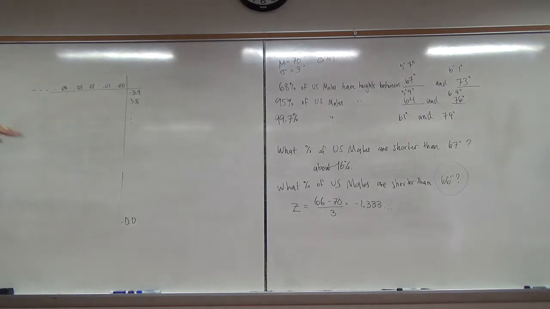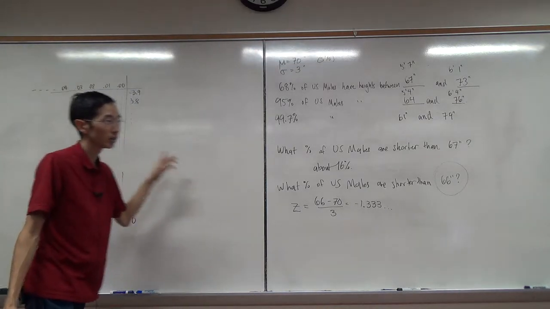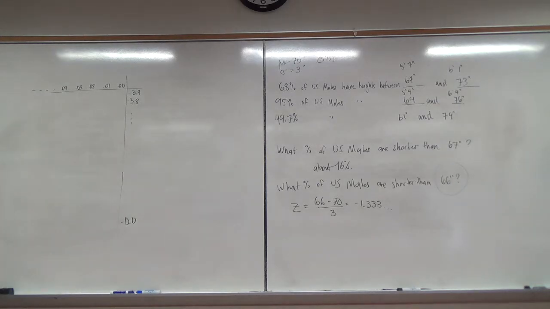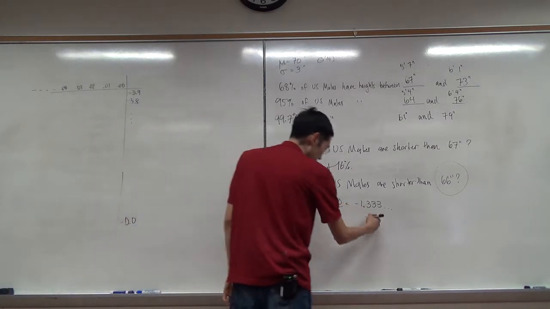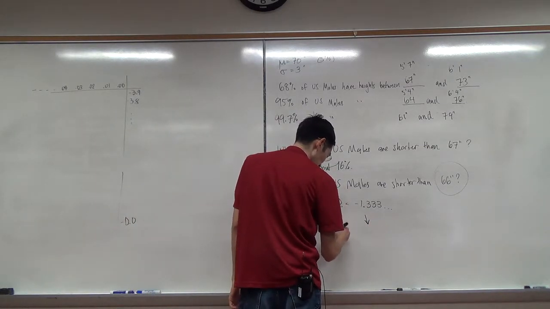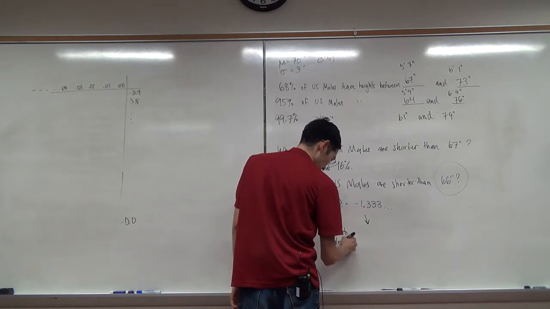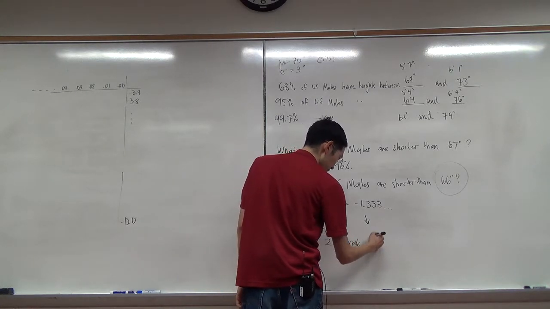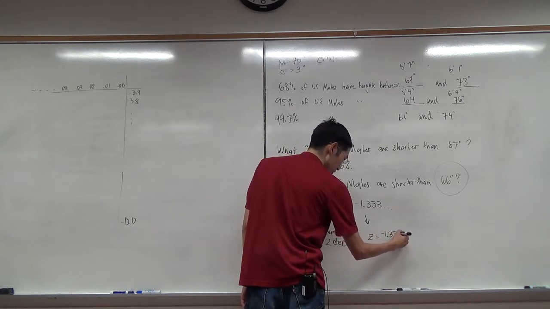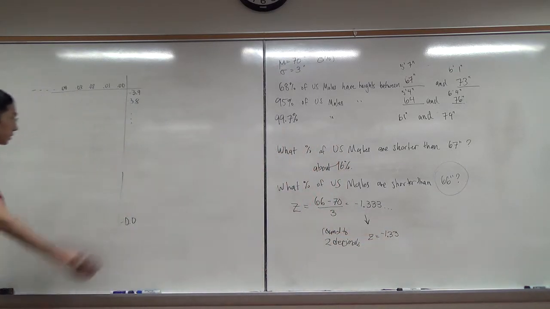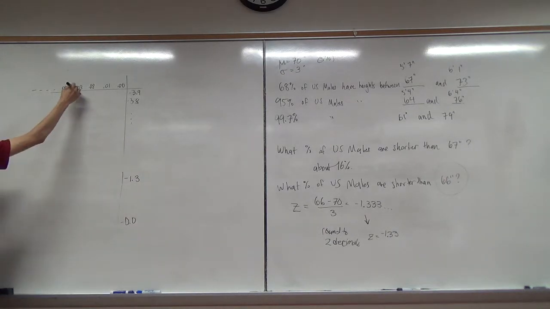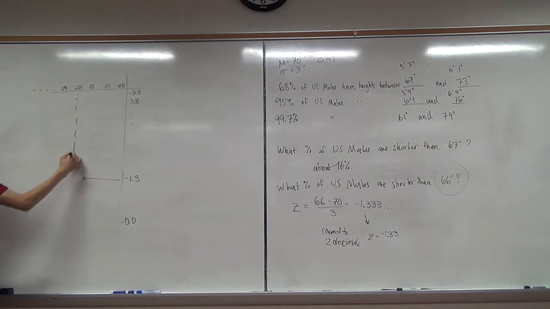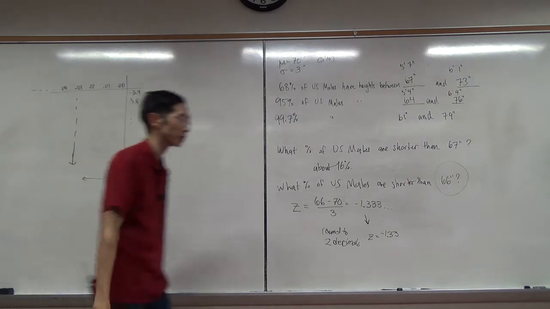And so we would look up this z-score in our z-table. Now the z-table only goes out to 2 decimals of precision, so I would have to round this to 2 decimals. I would say z is equal to negative 1.33. To look that up, I would go to the row that's labeled negative 1.3 and to the column that says 0.03, because if I combine those two numbers, I would get negative 1.33.